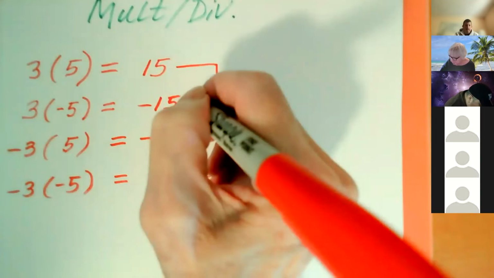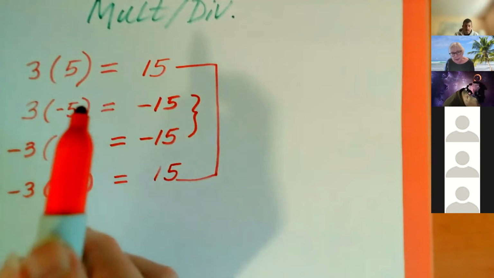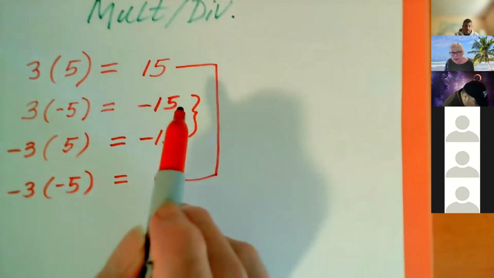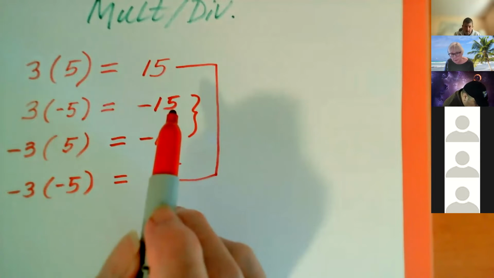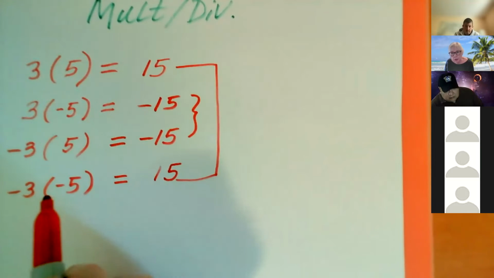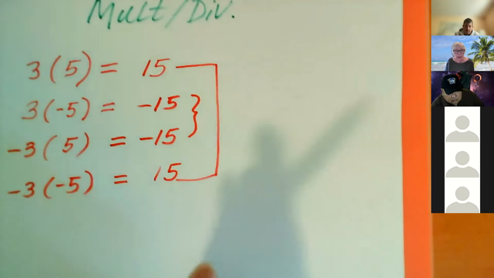But when it's a positive times a negative or a negative times a positive, it ends up negative. So what's happening is 1 negative in multiplication makes it negative, regardless of which one. But 2 negatives in multiplication makes it positive.